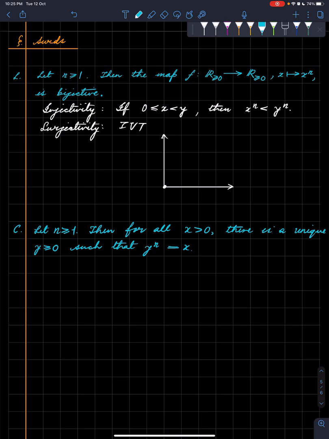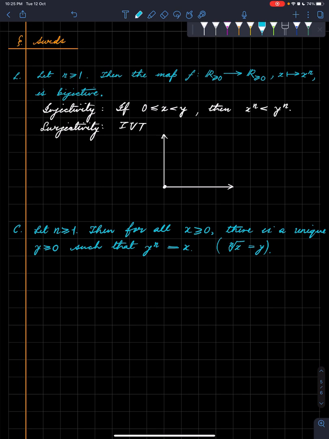Meaning there is a unique non-negative nth root of x. So in other words, this is the case.